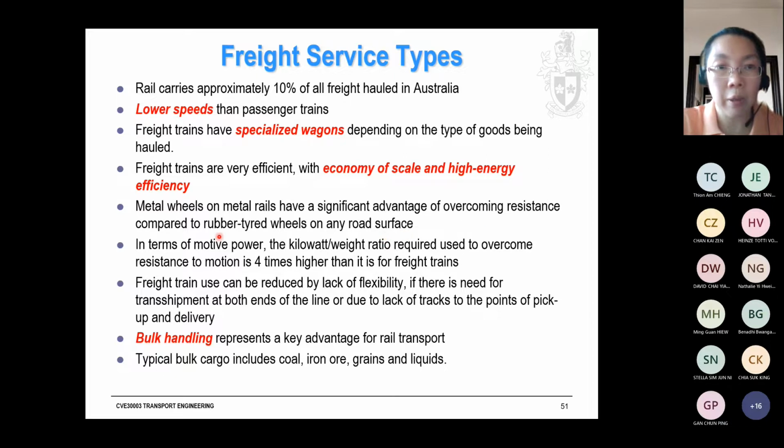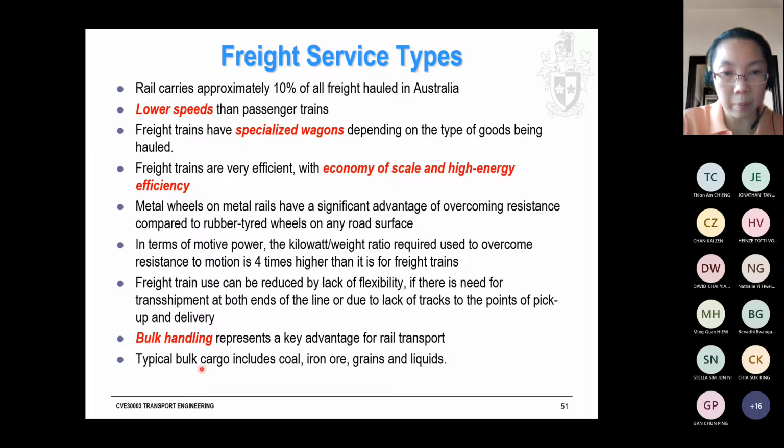So having metal wheels would have less resistance and would last longer. Bulk handling represents a key advantage for rail transport.